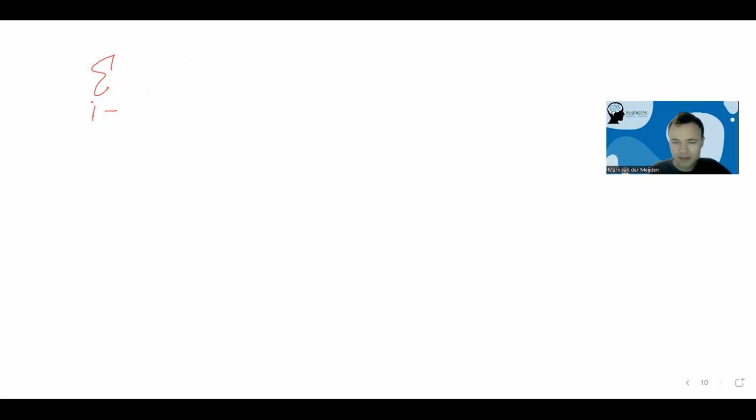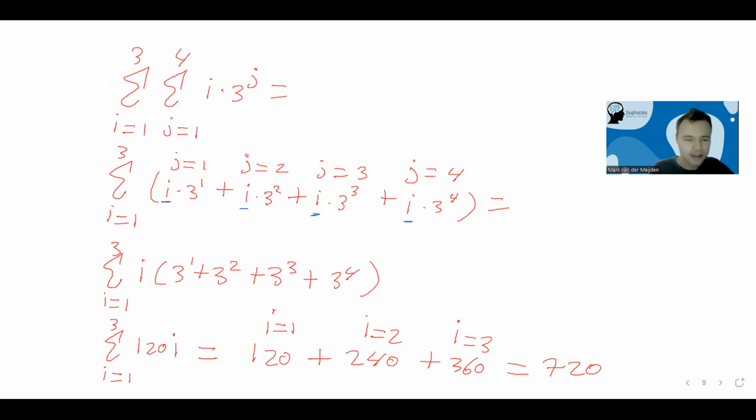Okay, so I got a question. I don't understand what happened with the summation with 4 on the upper side. So what we did here, this is the summation with 4 on the upper side.